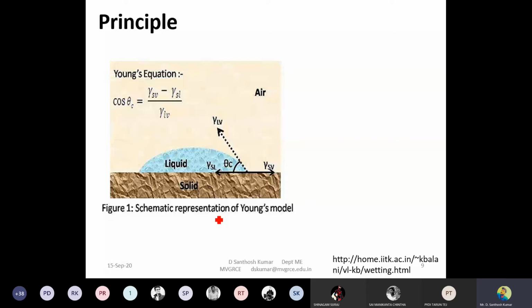Once the liquid spreads over the surface, we are simply identifying the defects. But how you identify defects depends on how the liquid interacts with the solid surface. You can clearly see on the screen there is a liquid droplet as well as the solid surface.